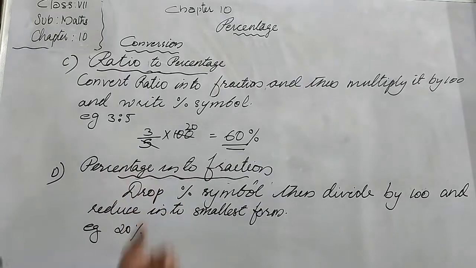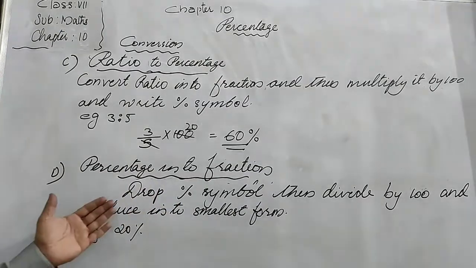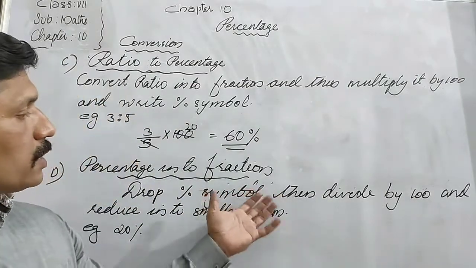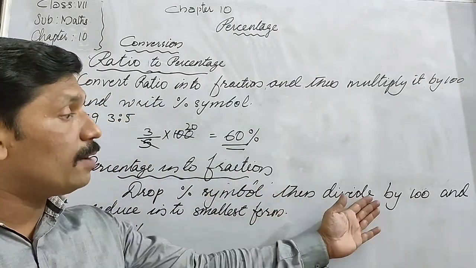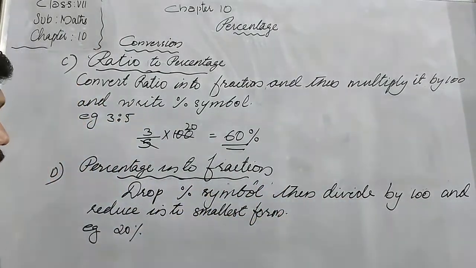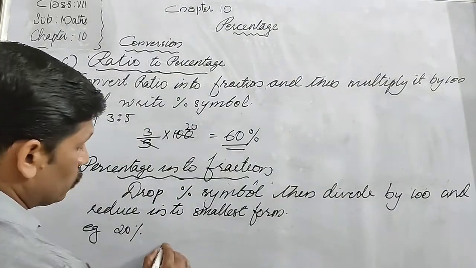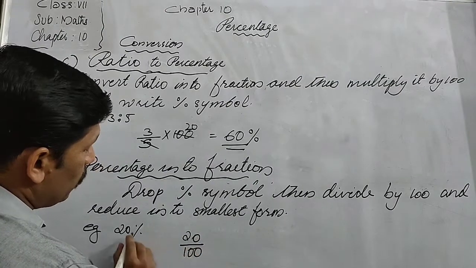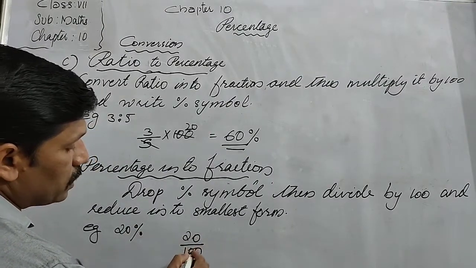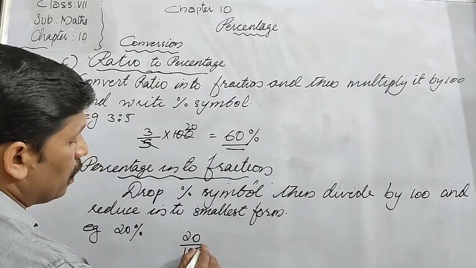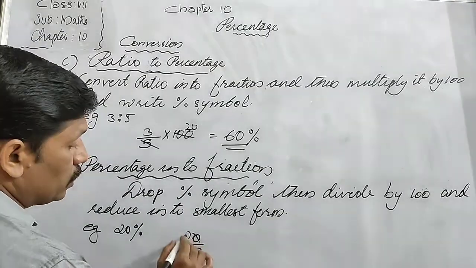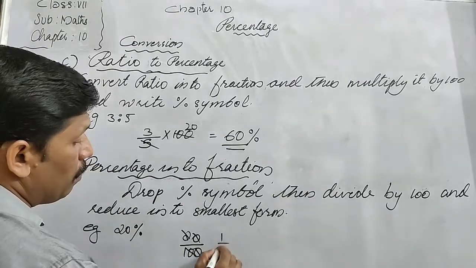Next, percentages into fractions. Here, to change a percentage into a fraction, we drop the percentage symbol, divide by 100, and reduce to the smallest form. Example: 20 percent. We can write 20 upon 100, dropping the percentage symbol. Then we cut and reduce it, and we get 1 upon 5.